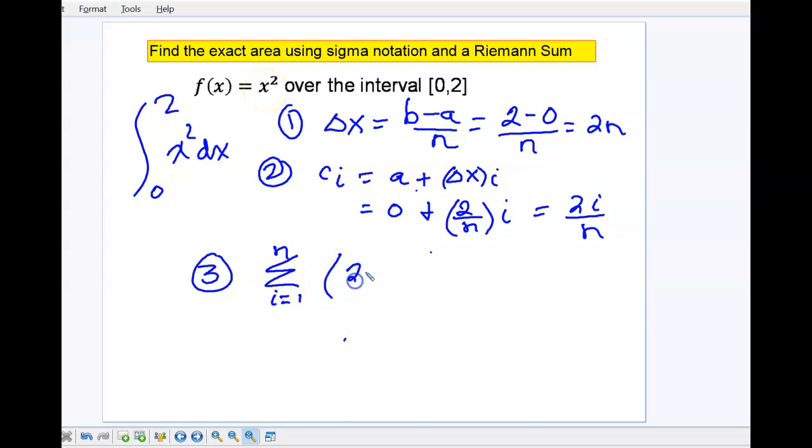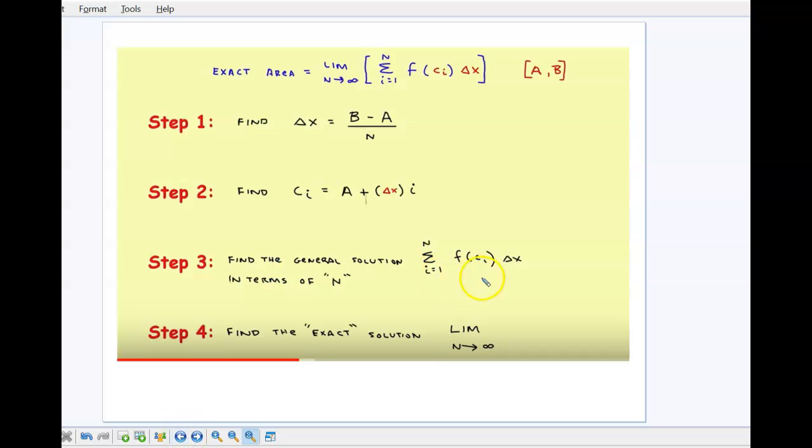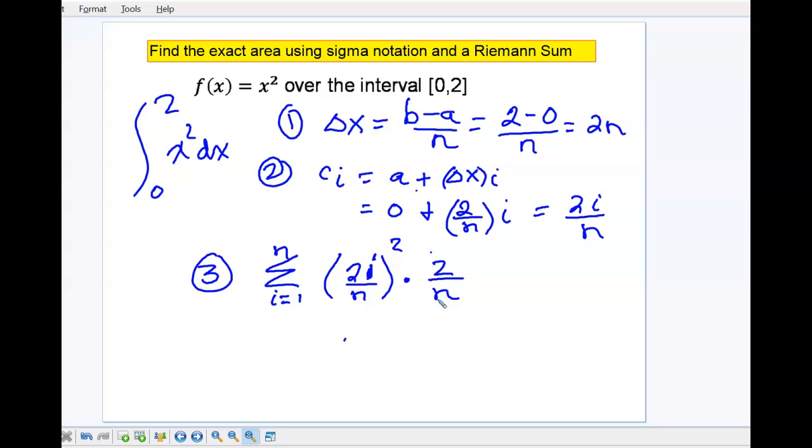So I'm going to plug 2i divided by n in for x in my function. So that's going to be squared. And my delta x is going to be 2 over n. So basically, I just plugged my c i into my function, which was x squared, and I multiplied it by delta x, which is 2 over n.